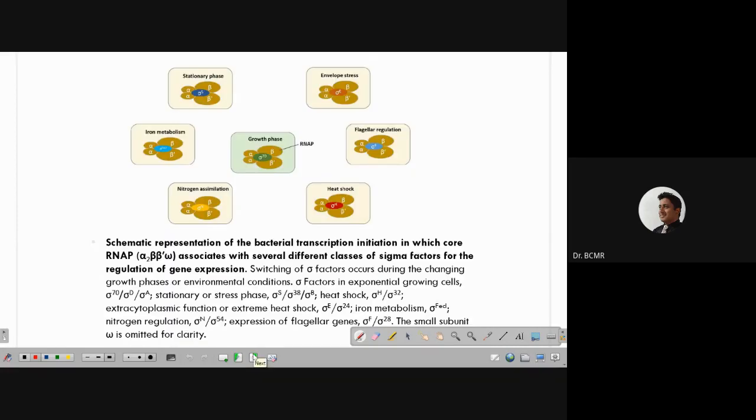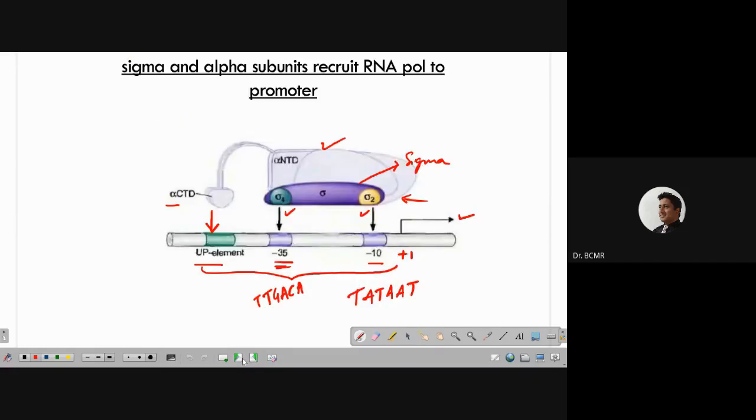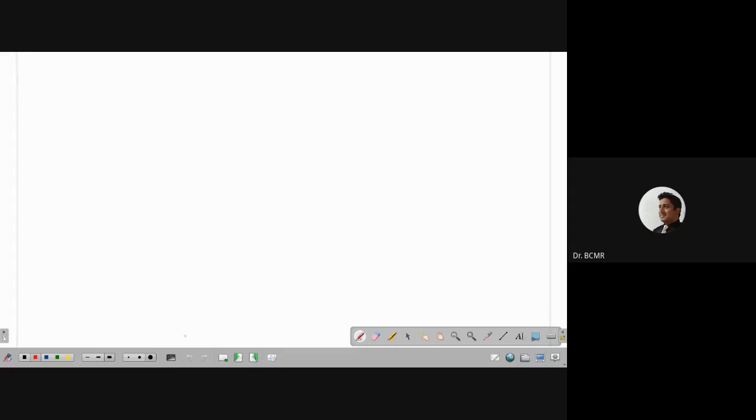And I was talking to you about there are different types of sigma factors. So bacteria has, as we will discuss, I think it might be premature to bring it now, but I would want you to have a better understanding at this stage. Say, for example, if there is a bacterial genome, I'll put it like this, and this is the DNA.